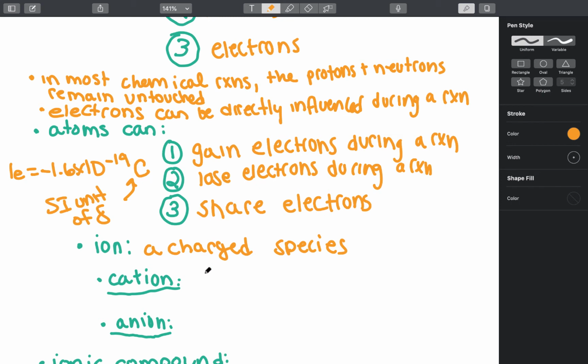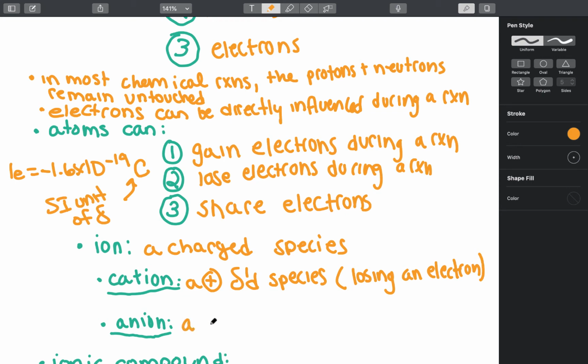So a cation is a positively charged species, and this comes from losing an electron. An anion is the opposite.